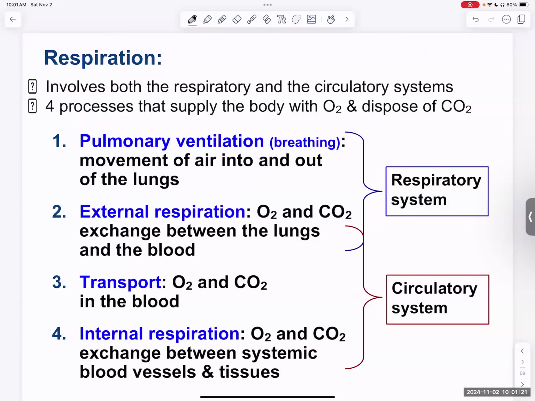So it looks like this. Respiration truly involves the respiratory system and the circulatory system, because we have external gas exchange between atmospheric air and pulmonary capillaries.